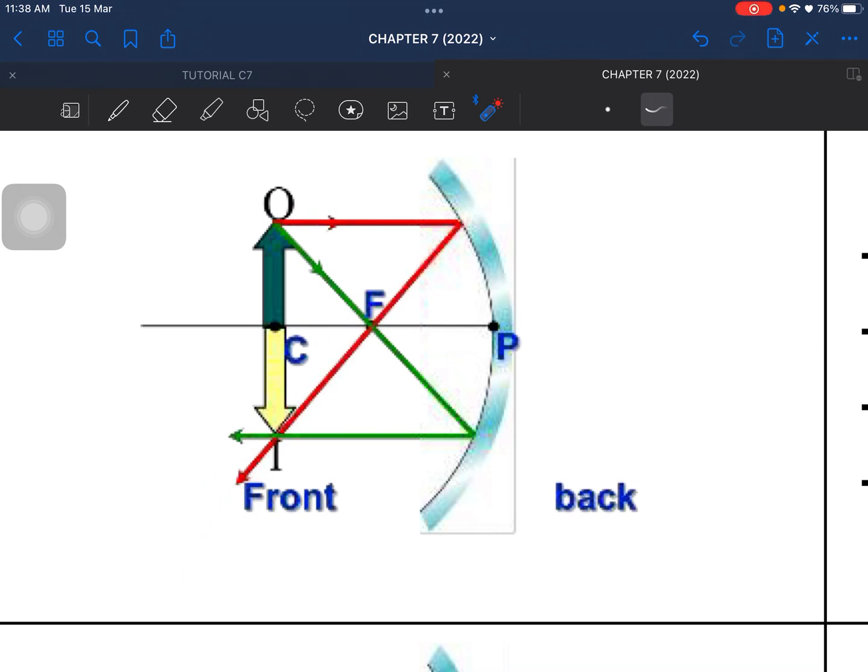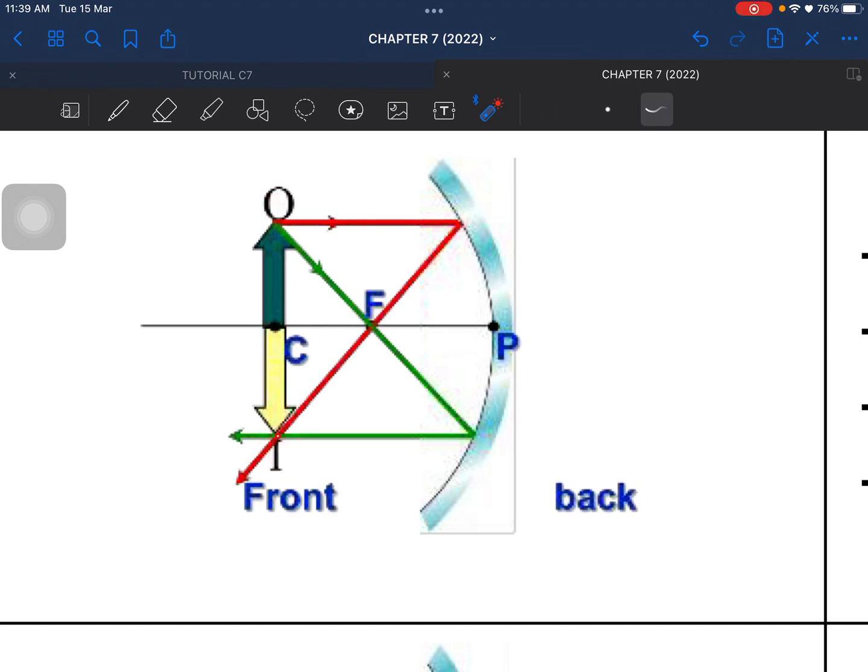And then the second ray, you draw going from the top of the object, passing through the focal point, and then being reflected back parallel to the principal axis. Another line that you can draw is from the top of the object to the center of curvature, but you can't actually draw that, so just focus on the two rays.